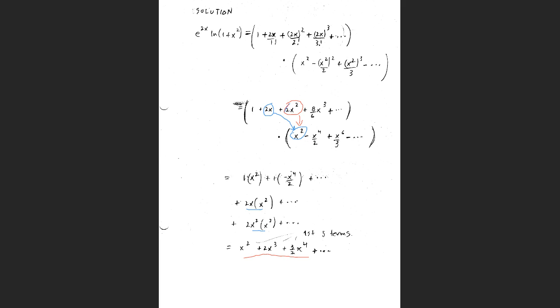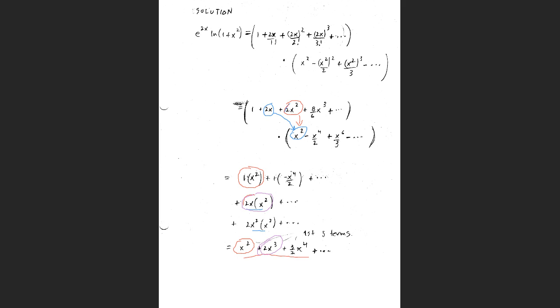Okay, so 1 times x squared gives me the x squared. And then I have 2x, let me maybe use different colors here. Then I have 2x squared times x squared. That gets me 2x cubed.